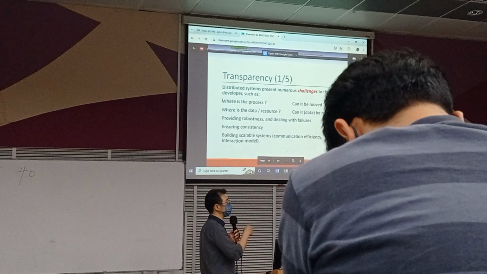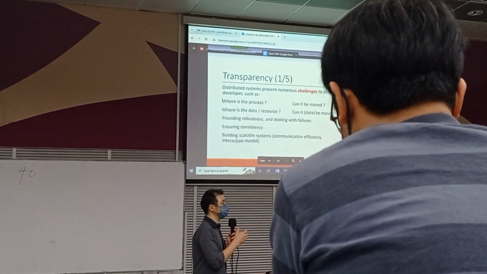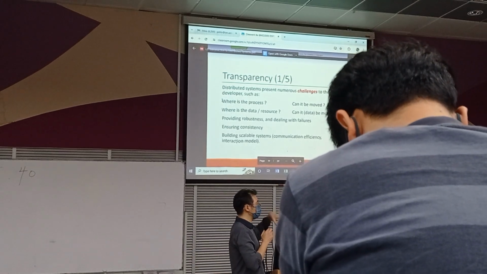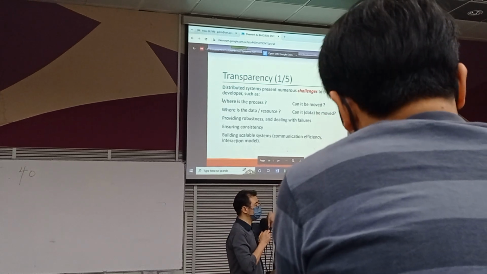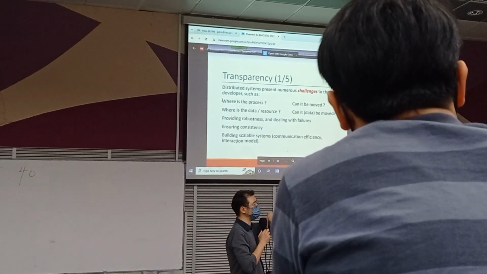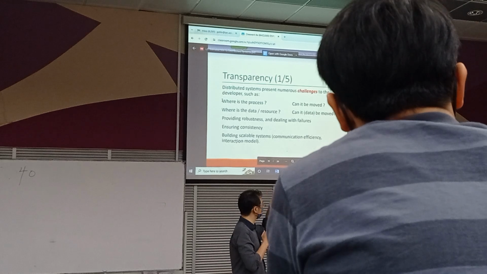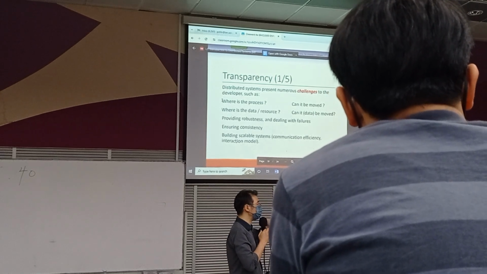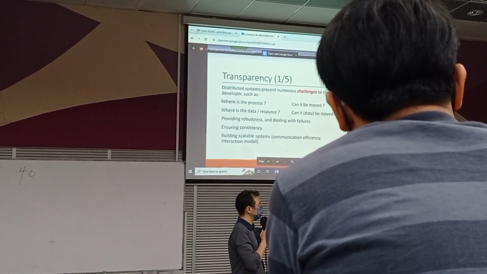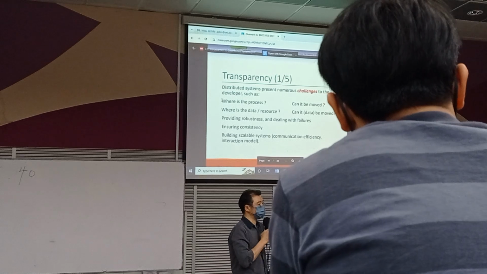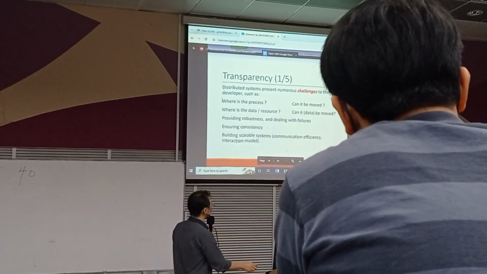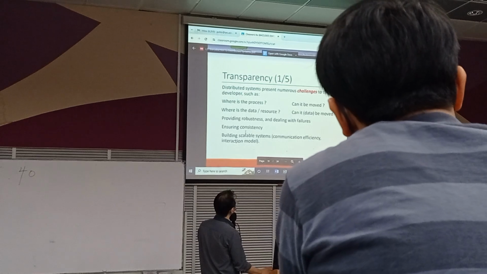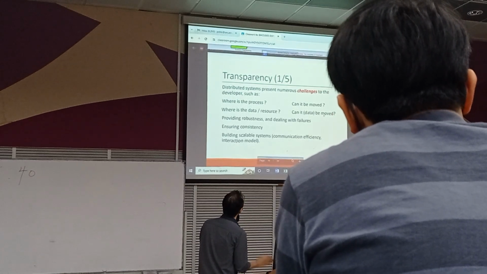Because when you replicate, you might have a stale copy, right? Let's say I duplicate it in Malaysia from the US, and then somebody updates the copy in the US. So the system needs to transparently make sure that the data is also updated in Malaysia as well, so that the data is consistent. So you have to ensure that the consistency is there.